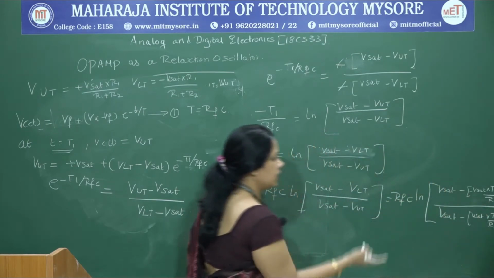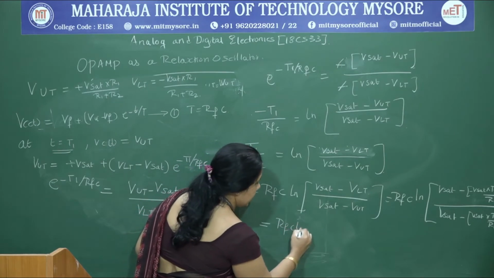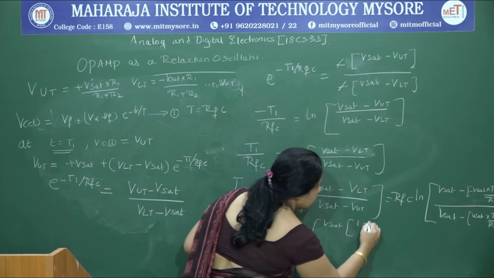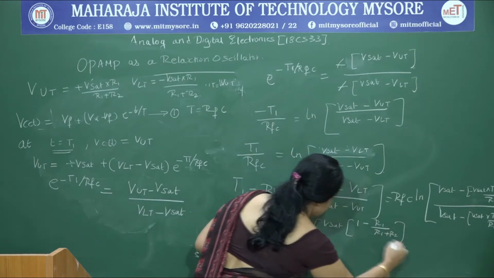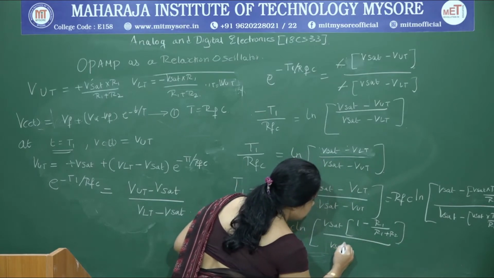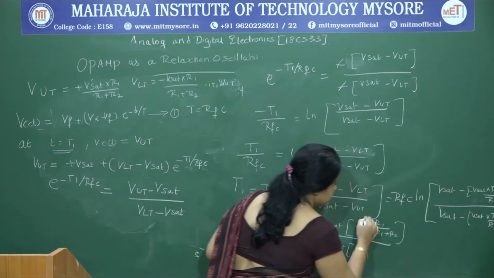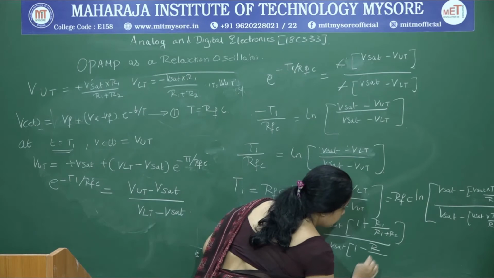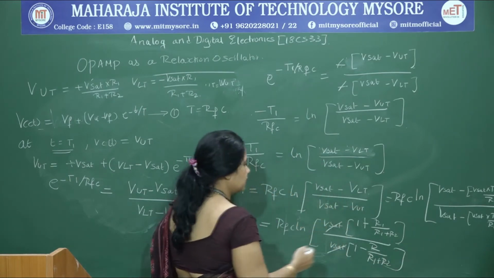Out of the two terms I take Vsat common. So, RFC ln of Vsat into 1 plus R1 by R1 plus R2 divided by Vsat into 1 minus R1 by R1 plus R2. Now, you can see Vsat gets cancelled.